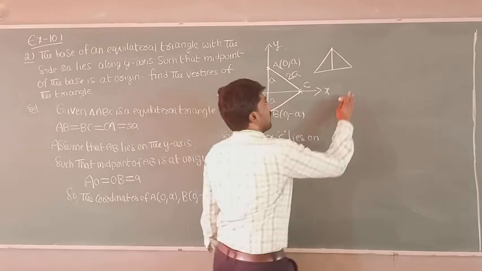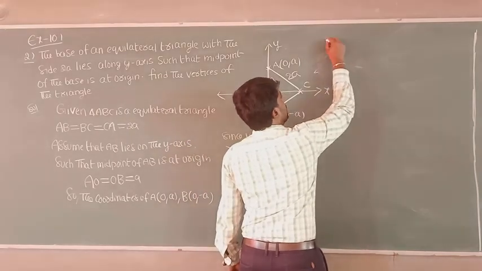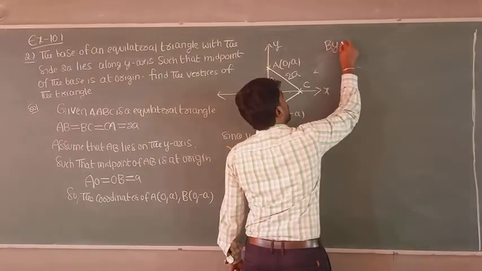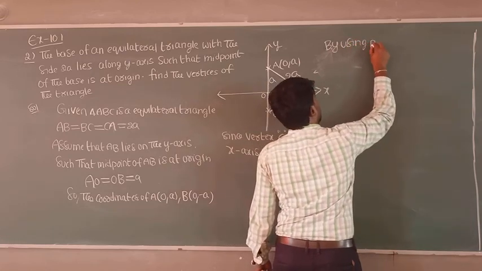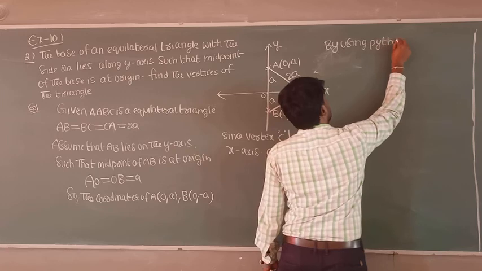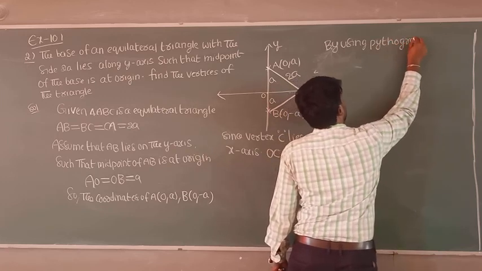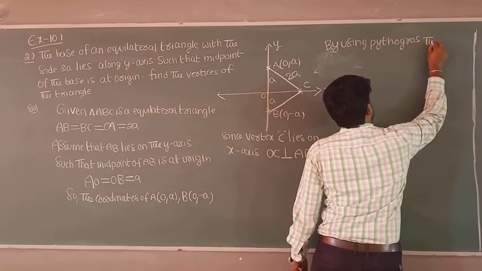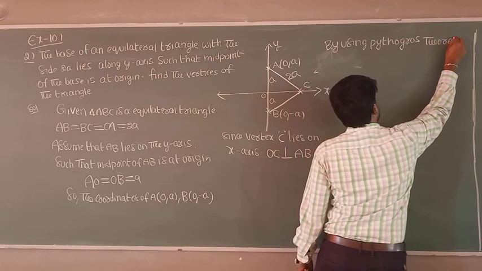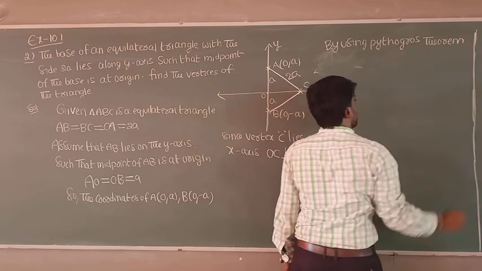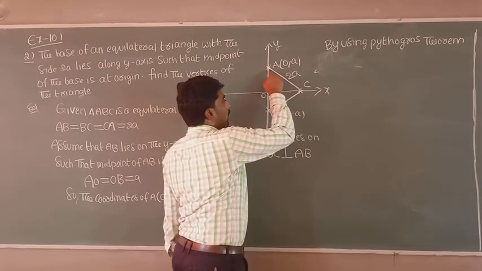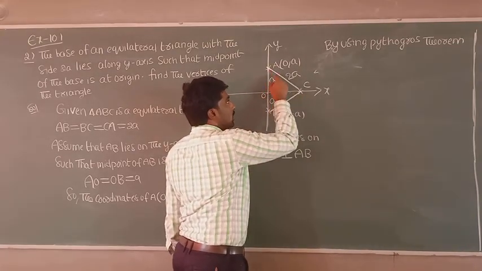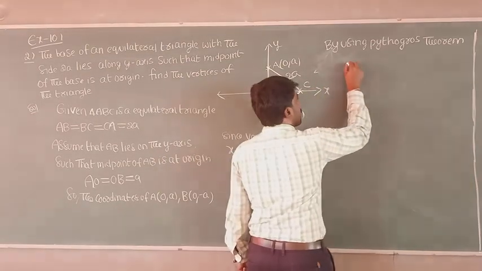So by using Pythagoras theorem, I have to find that value. You write it here. What is Pythagoras theorem here? The sum of the squares of the sides equals hypotenuse square.